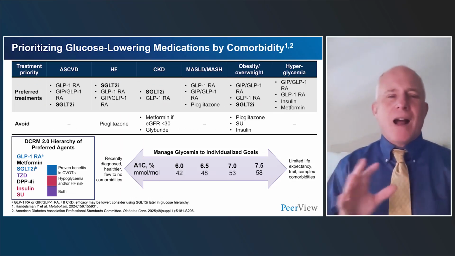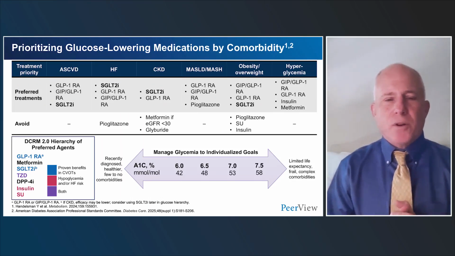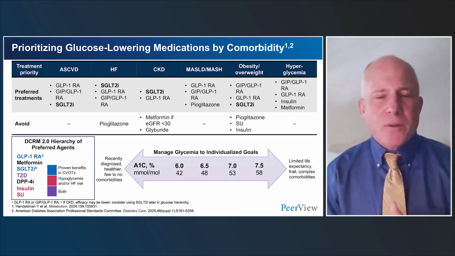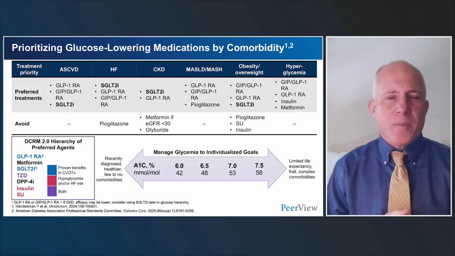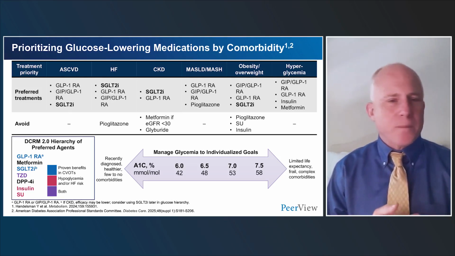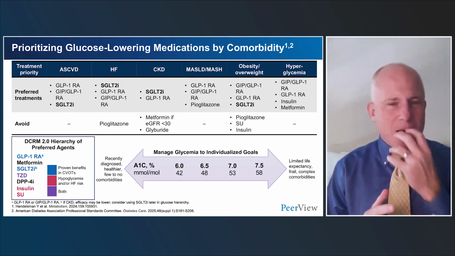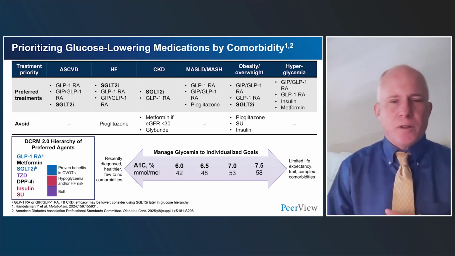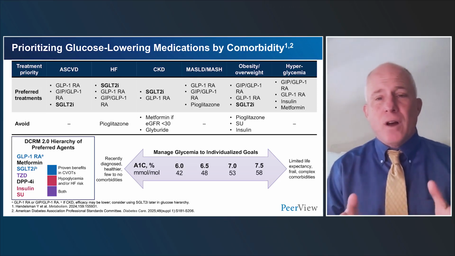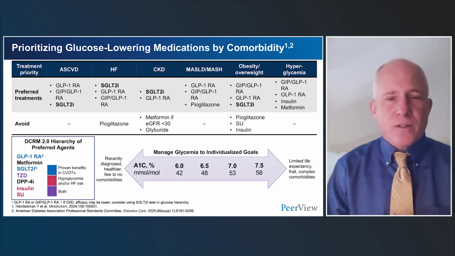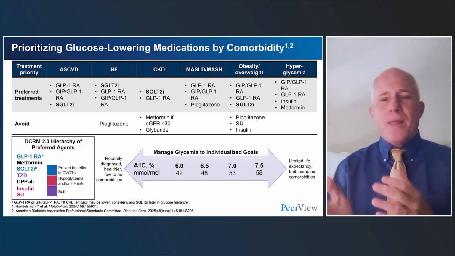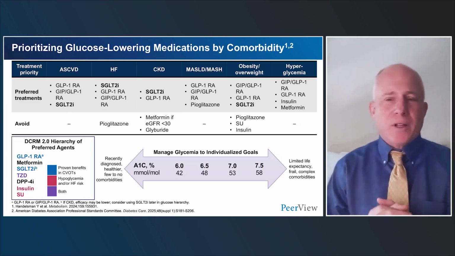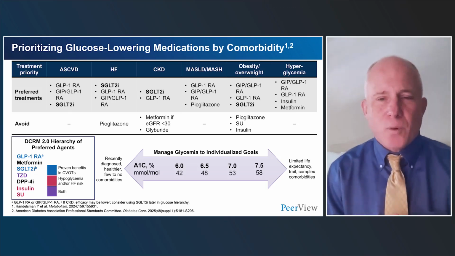And this is really kind of highlighting across the board there when you're looking at picking an A1C goal on the bottom. Your A1C goal will really be based upon the overall health of the patient, but then you can start choosing your agents that have benefits across the board. And so if you look on the top box there, you can see that you've got SGLT2 inhibitors that really are helpful across atherosclerotic cardiovascular disease, heart failure, CKD, a mild benefit for weight, as well as hyperglycemia, especially if the eGFR is above 45.